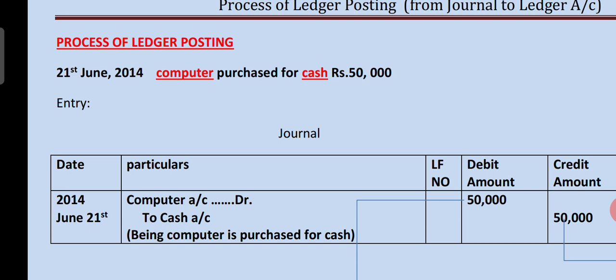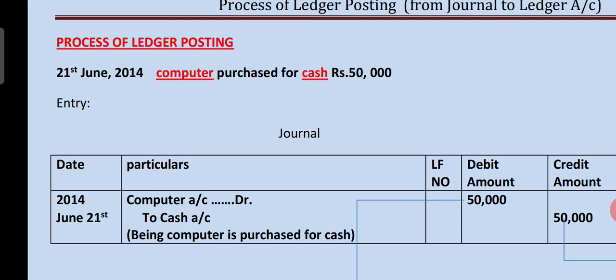So what does the real account principle say? Debit what comes in, credit what goes out. When we purchase the computer for cash, is the computer coming in or going out?